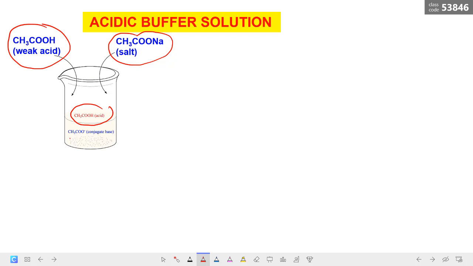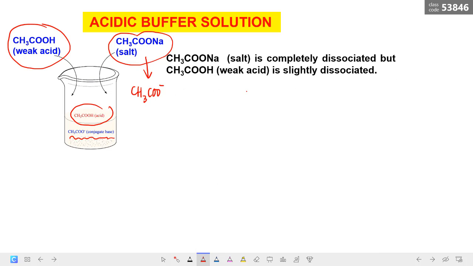Tapi saya fokus kepada dia punya conjugate base, maksudnya acetate ion. Ini kena fahamkan betul-betul. Kita cerita pasal salt dulu. So the salt, sodium acetate, dalam buffer ini dia dissociate completely. Garam tak kisahlah apa-apa salt, dia akan dissociate completely.